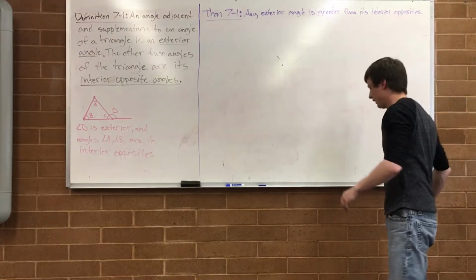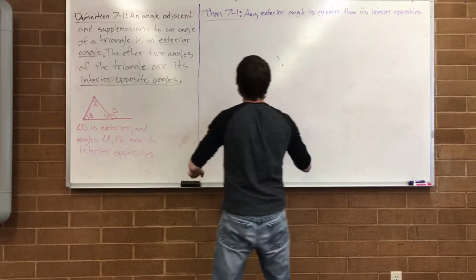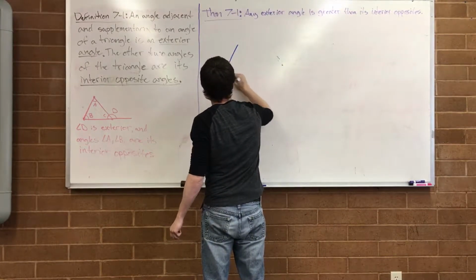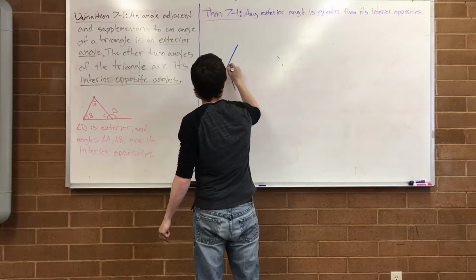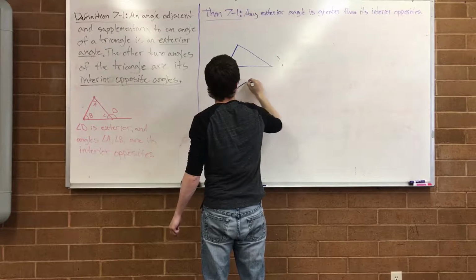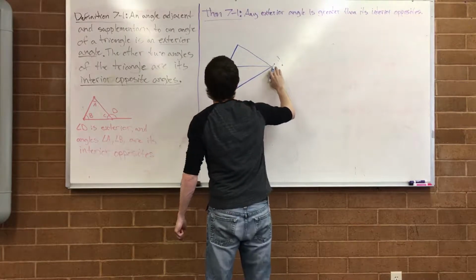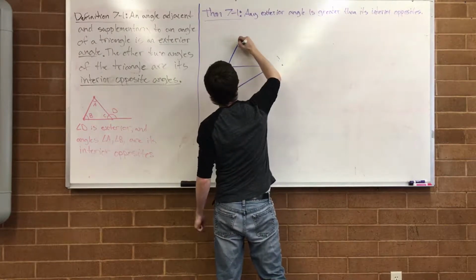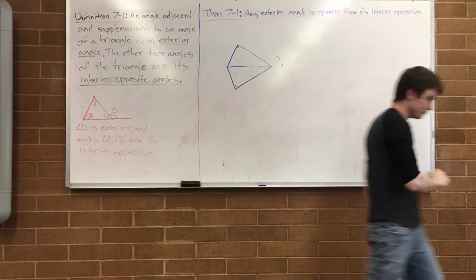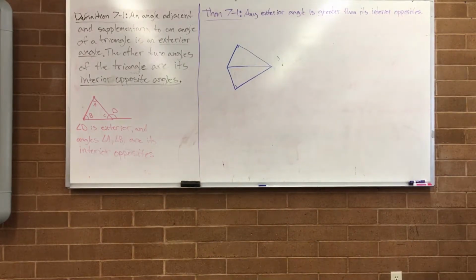Okay, let's draw it out. So our picture looks something like this. We know that this is a right angle and this is a right angle. How do they label the points?